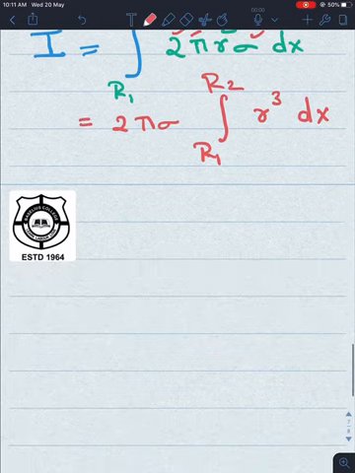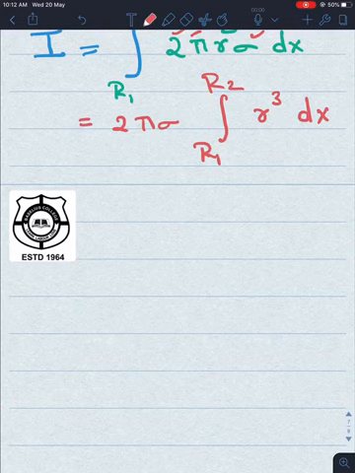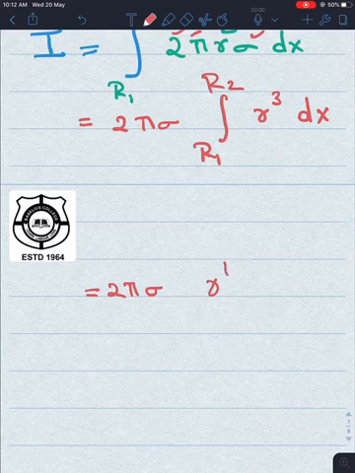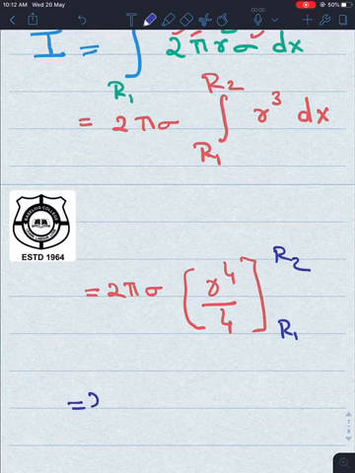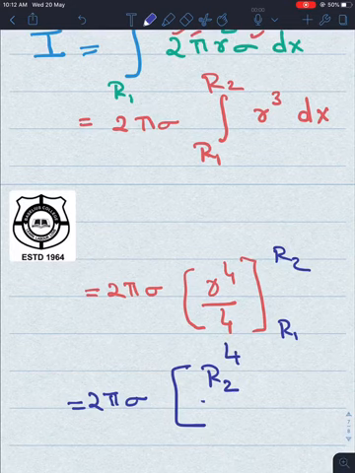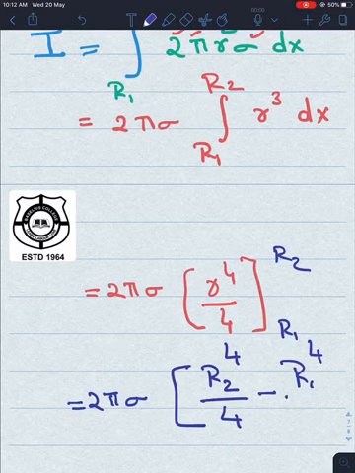And we know that the integral of r cube dx is r raised to 4 by 4, in the limits R1 to R2. So this can be written as 2 pi sigma times R2 raised to 4 by 4 minus R1 raised to 4 by 4.